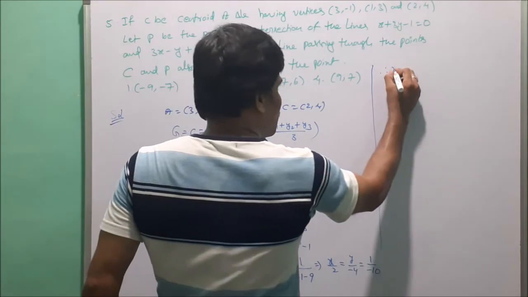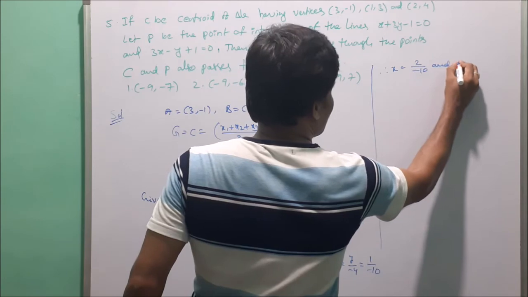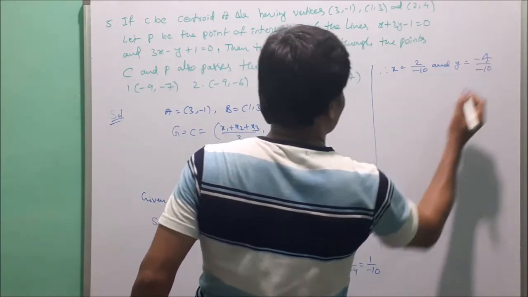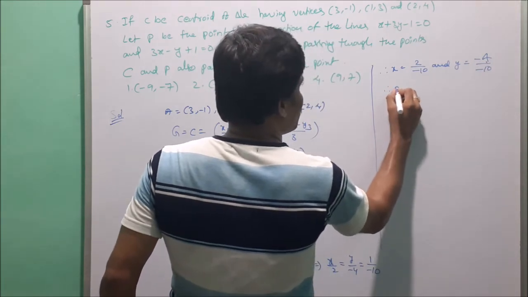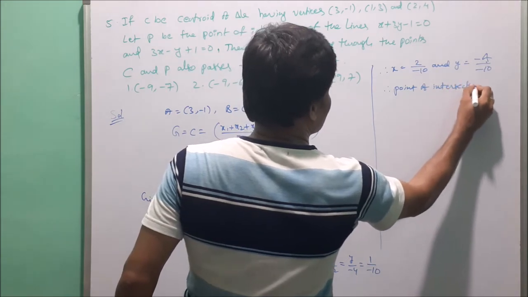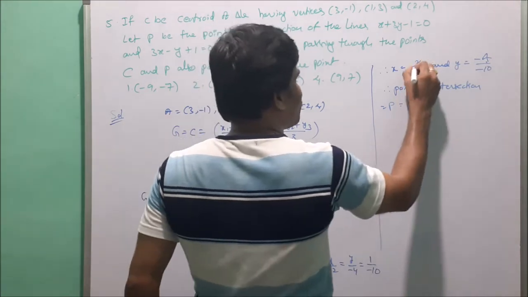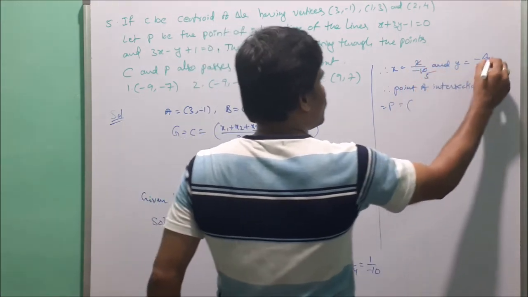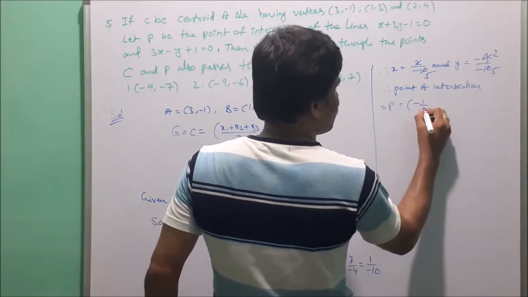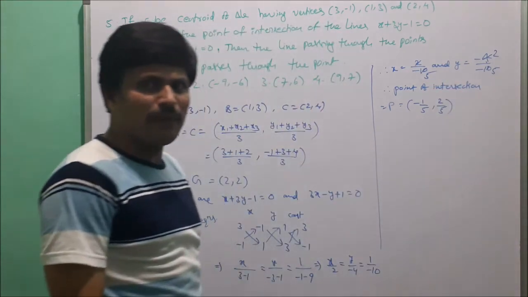Therefore x equals 2 by minus 10 and y equals minus 4 by minus 10. Simplifying, cancelling with 2, the point of intersection P is (minus 1 by 5, 2 by 5). This is the point P.